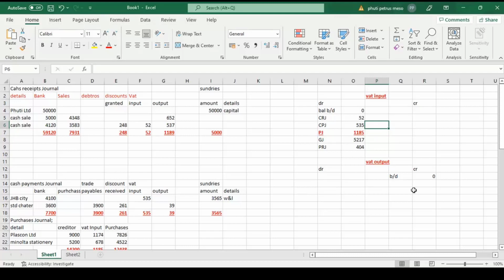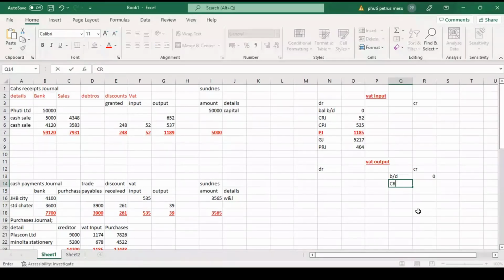Okay, our balance brought down is actually a 0. And we're now going to look at our output. Do we have any under the CRJ? Then you just say CRJ.